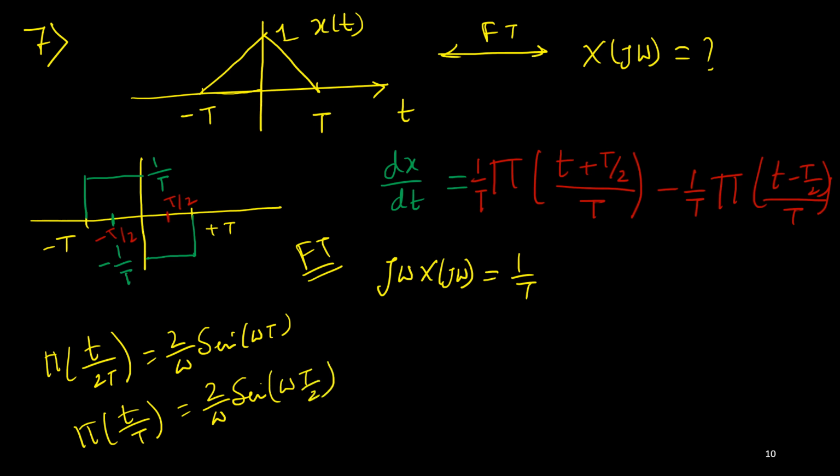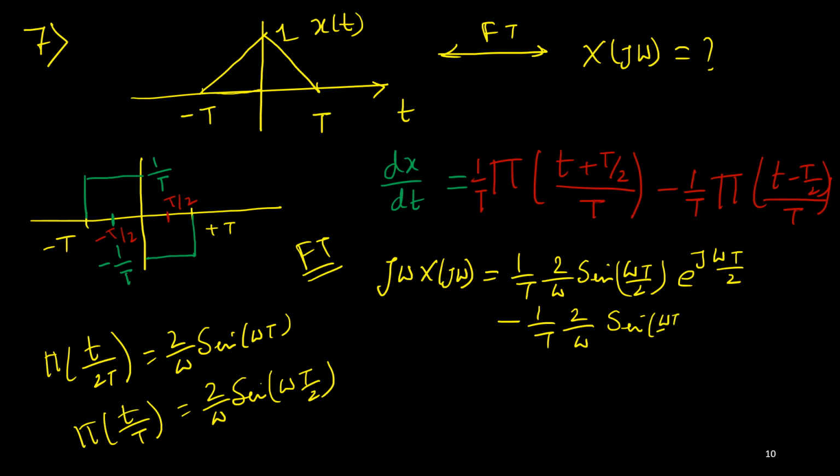And if there is a shift, an advance, then you will have a phase advance. So it is 2 upon omega sine omega T by 2 times e to the power j omega T by 2, and minus this one, 1 upon T again, 2 by omega sine omega T by 2, but due to this time delay you will have a phase delay e to the power minus j omega T by 2.